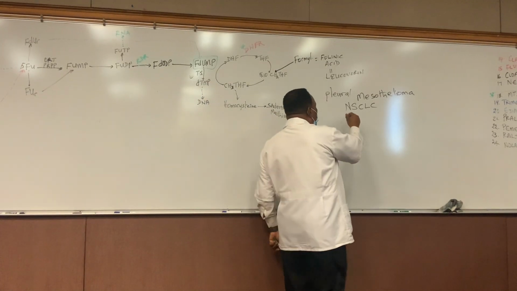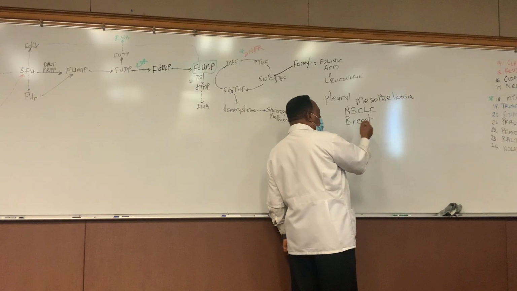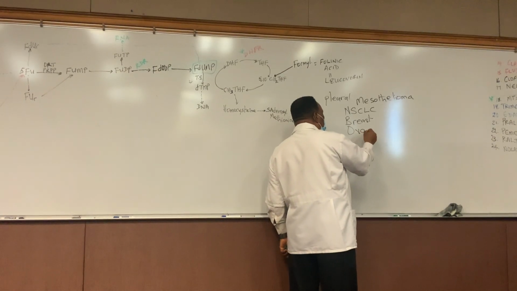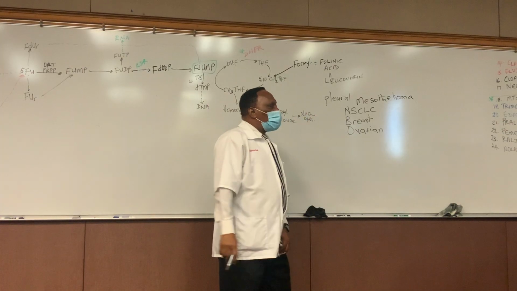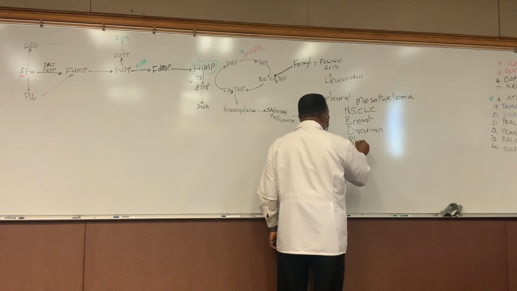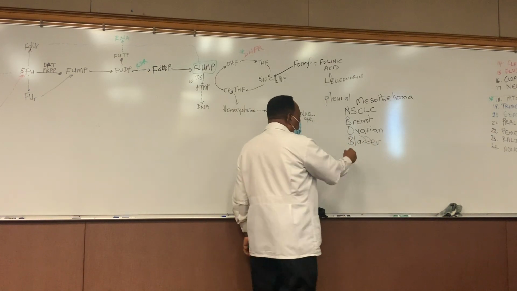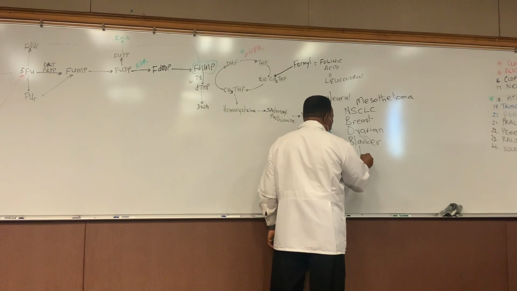Of course, it can be used in breast cancer management and ovarian cancer. It is also effective in there, and cancer of the bladder, as well as cancer of the bile duct.